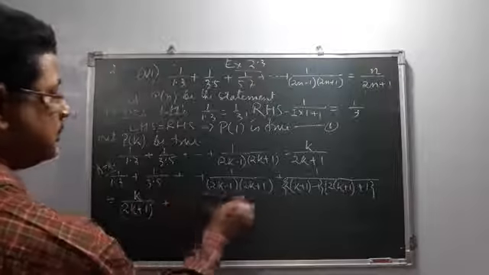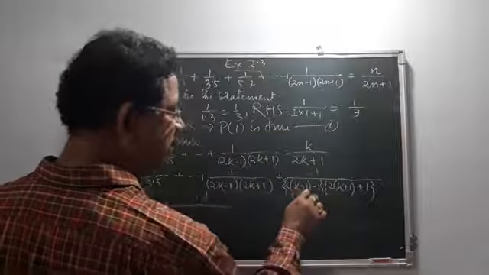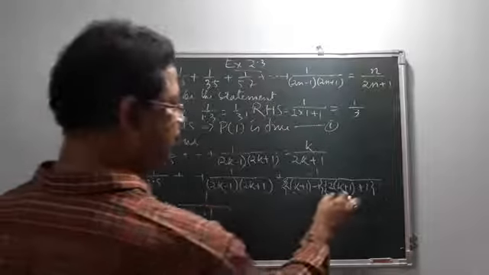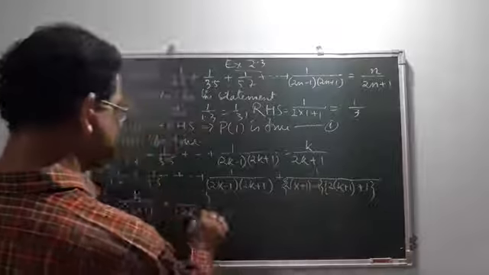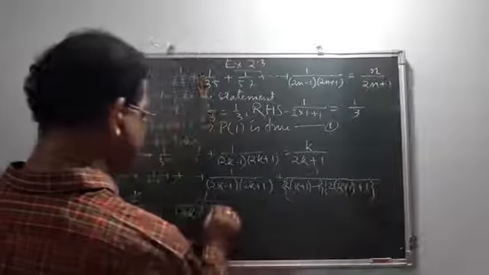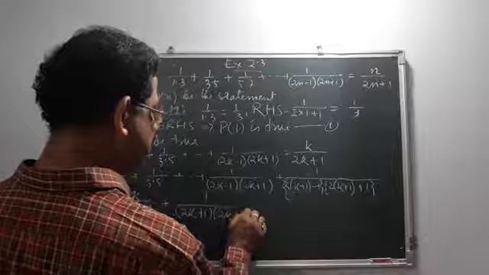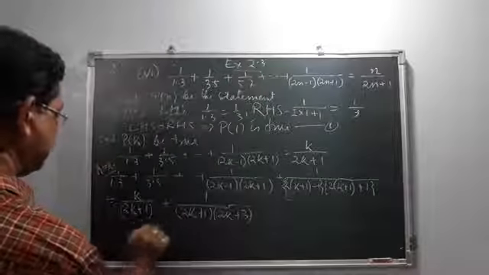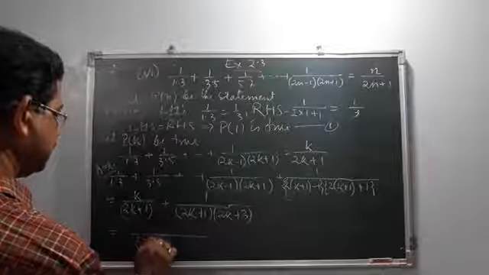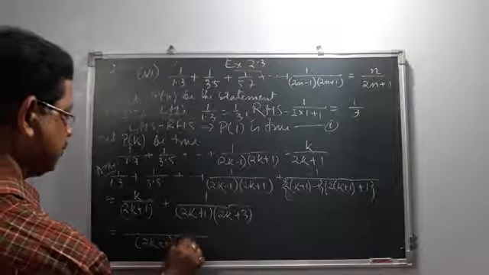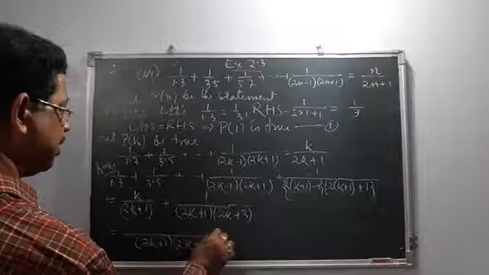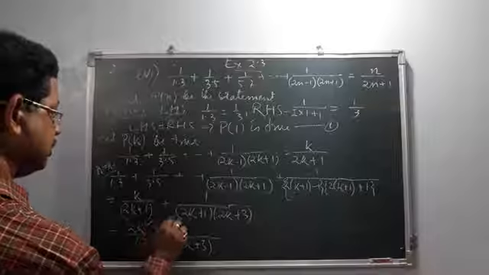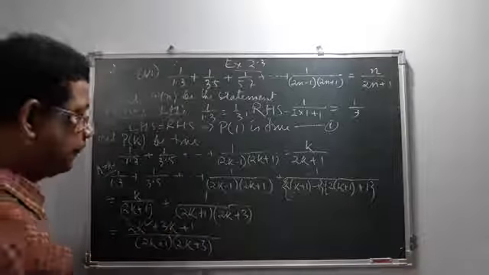Here, if we open this bracket, 2k plus 2 minus 1 will be 2k plus 1, and this is 2k plus 2 plus 1, that is 2k plus 3. If I take the LCM, this is the common term, so automatically (2k plus 1)(2k plus 3), and here k into this, that is 2k square plus 3k plus 1 it will be.